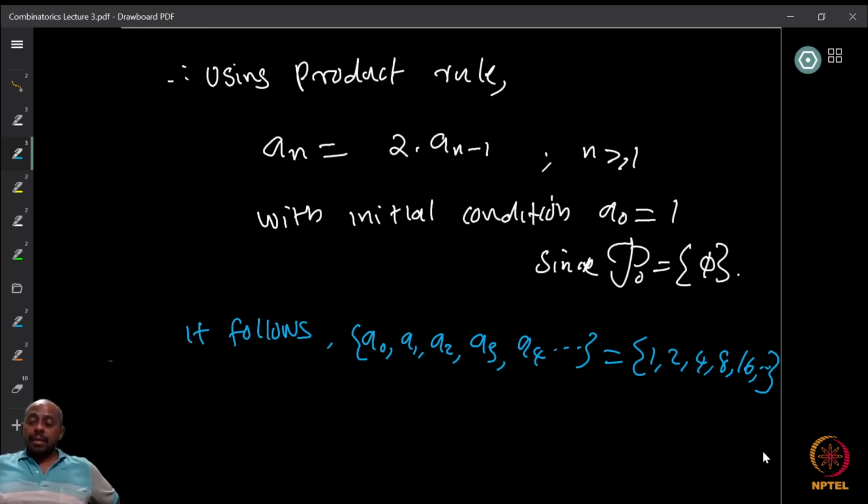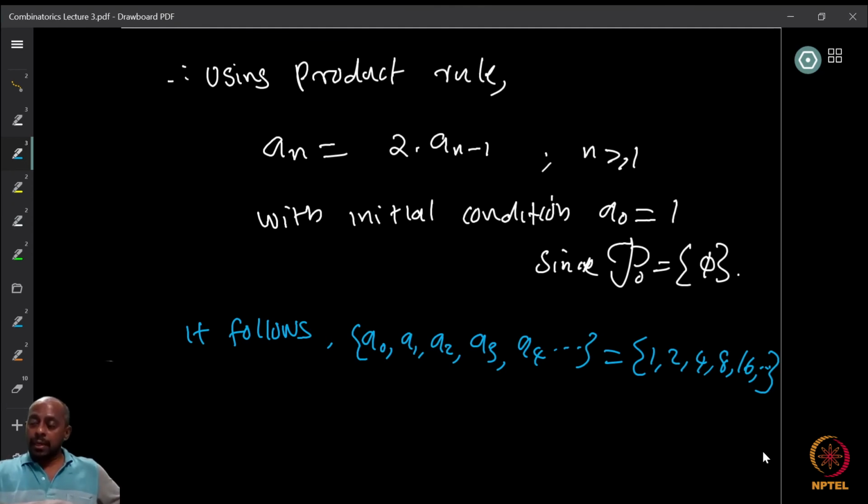We see that an is something like 2 raised to n. And then once we have the guess, we verify it, and we can use induction to prove it.